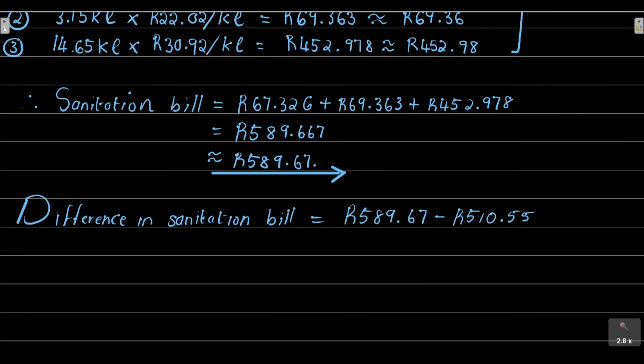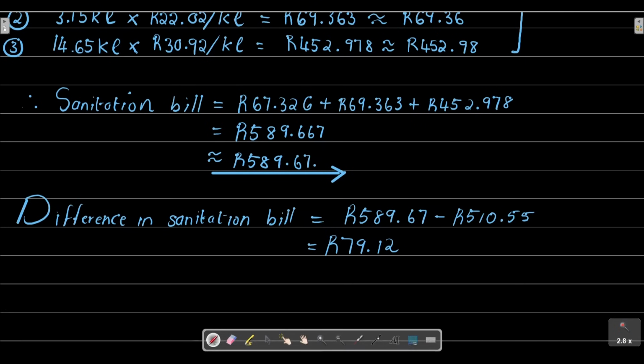If you punch it into the calculator, you'll get that people in Cape Town, with a property area of 550 meters squared and water drainage of 22 kiloliters, pay 79 Rand and 12 cents more than people in Johannesburg would. That is basically what that means. All right, so we've calculated that there.